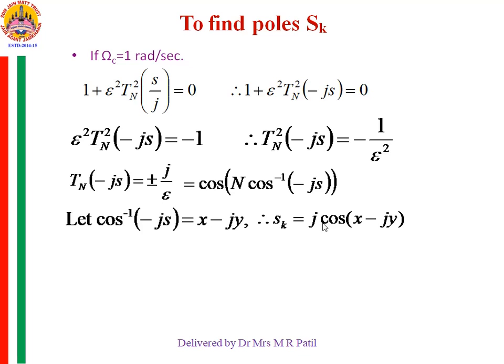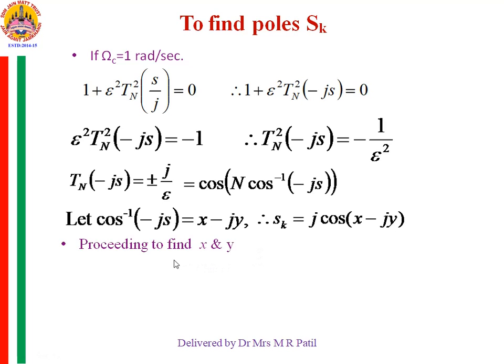For this equation, I am taking the cos of both the sides. So cos and cos inverse will get cancelled, and then afterwards both the sides I will multiply by j. So j into minus j becomes 1. So this side you remain with S, and other side you will have j into cos of x minus jy.